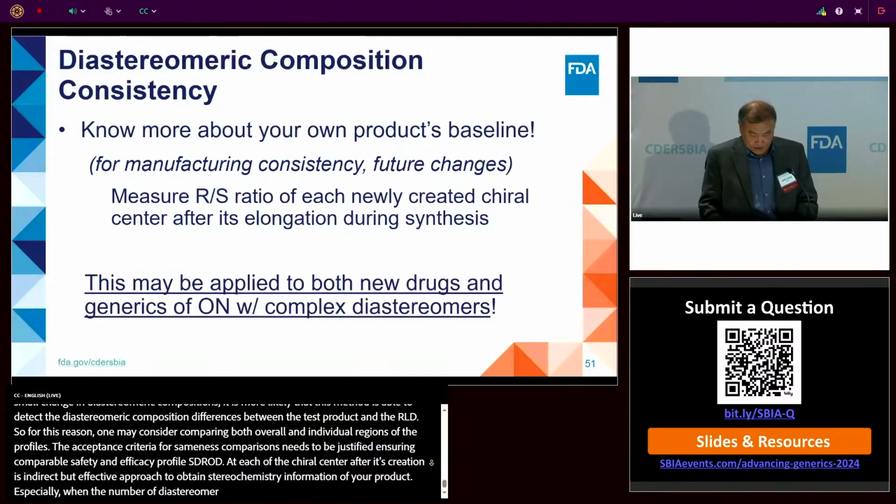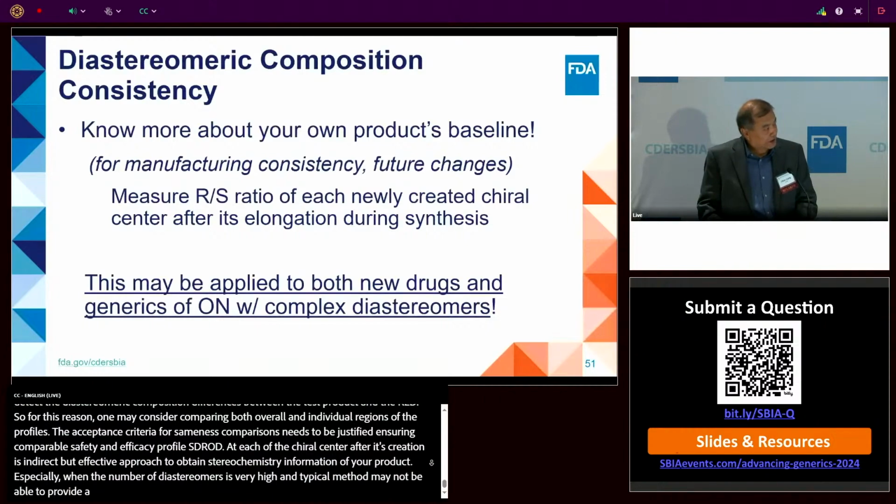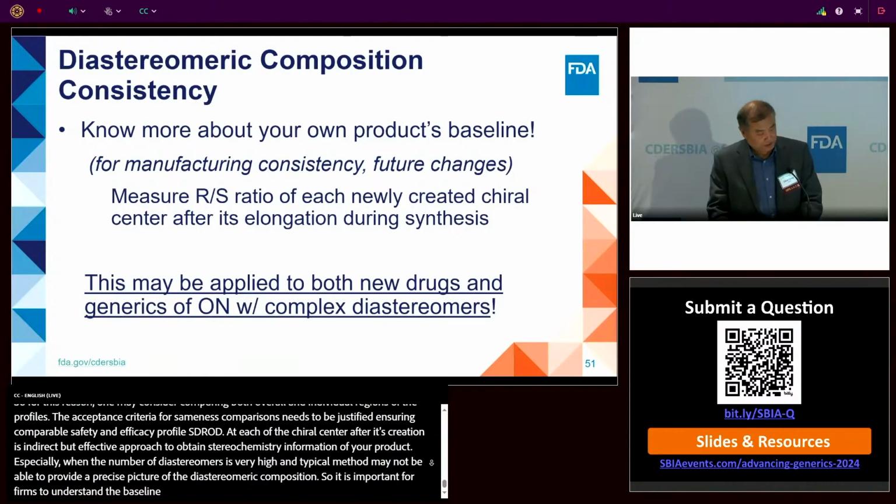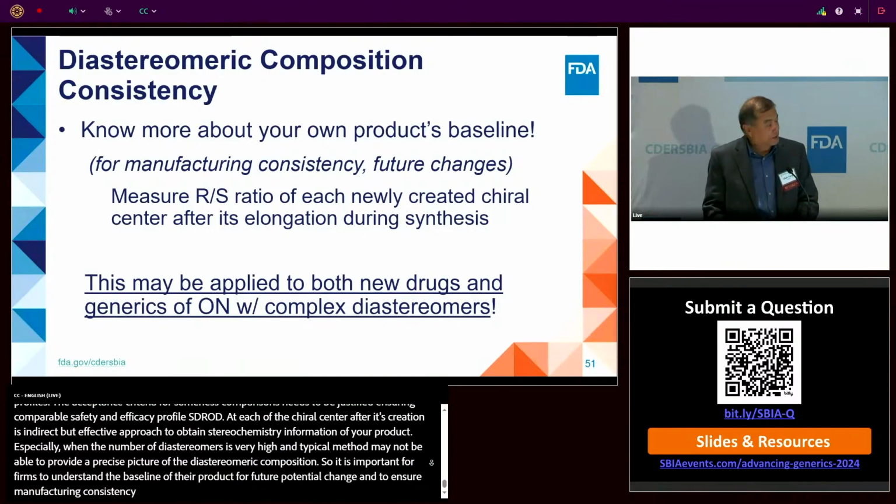And typical analytical methods may not be able to provide a precise picture of the diastereomeric composition. So it is important for firms to understand the baseline of their product for future potential changes and to ensure manufacturing consistency. This may be applicable to both the new and generic oligonucleotides.